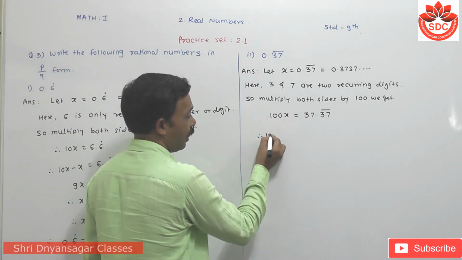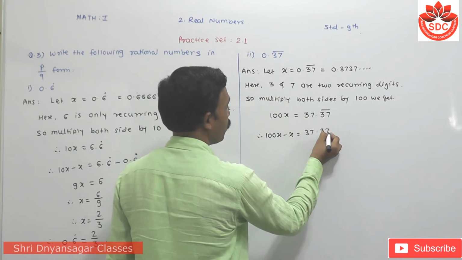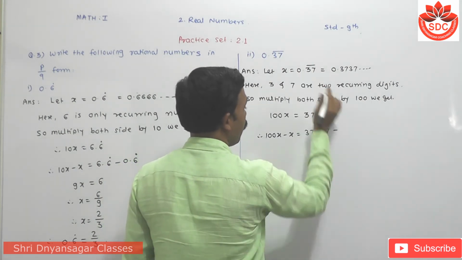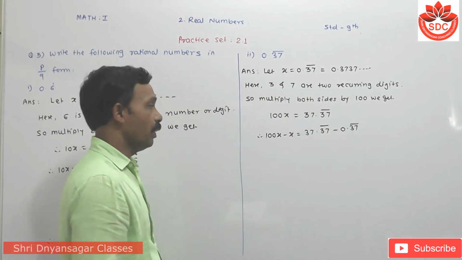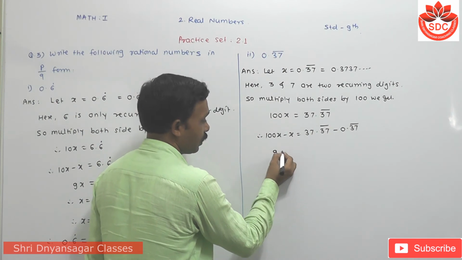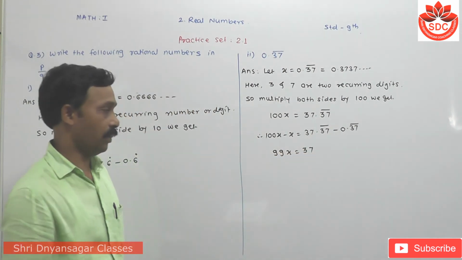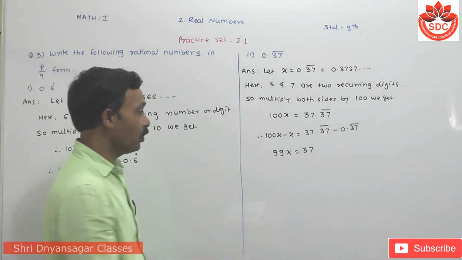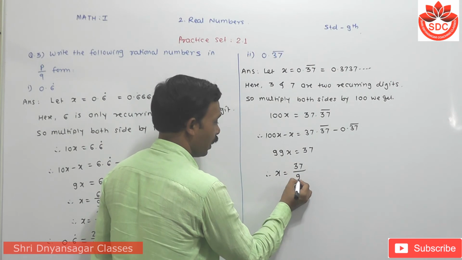We get 100x minus x is equal to 37.37 recurring minus 0.37 recurring. When we subtract, the 37 gets cancelled, so 99x is equal to how much? 37. Then 99 goes to the denominator, so x is equal to 37 upon 99.